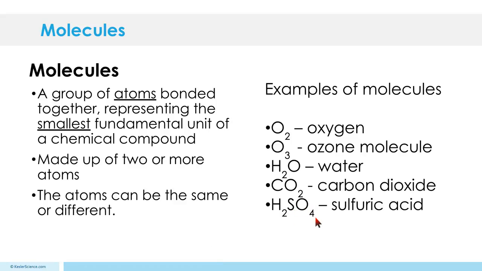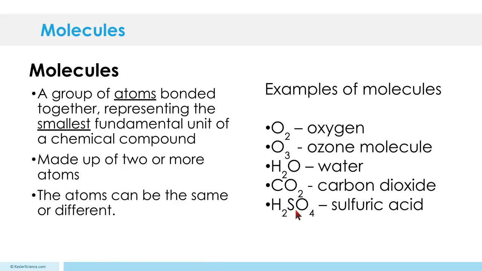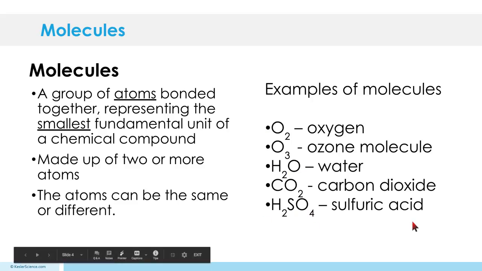A very important thing to note is that if there is no number present, as you see here, it's always assumed 1. See, no number here, 1 carbon, no number here, 1 oxygen. Hopefully you can understand that moving forward.